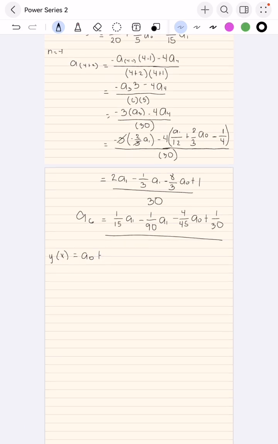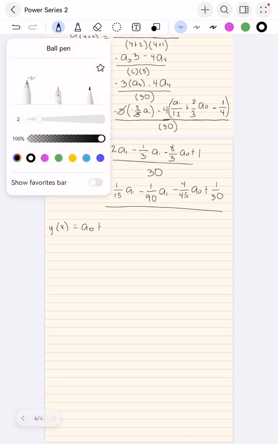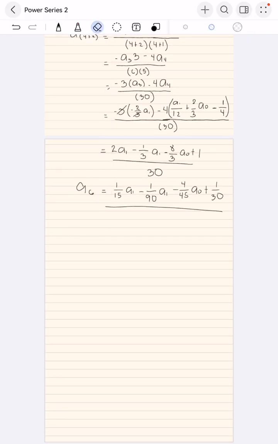Okay. I will just write it so it would be very clear. So ax is equals to a0 plus a1 x1 plus a2 x2 plus a3 x3 and so forth and so forth. So now let's substitute everything.